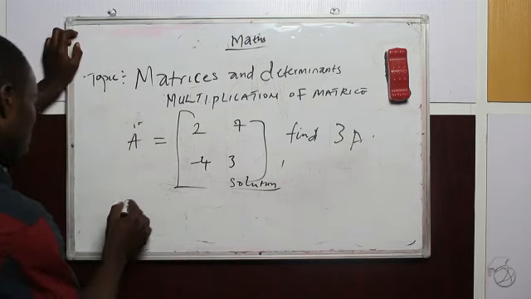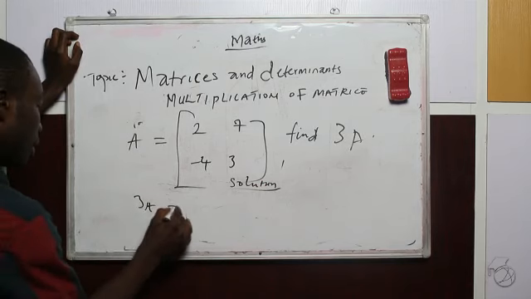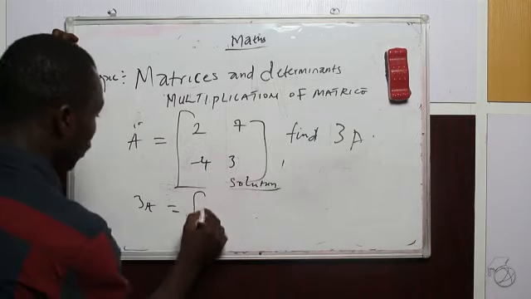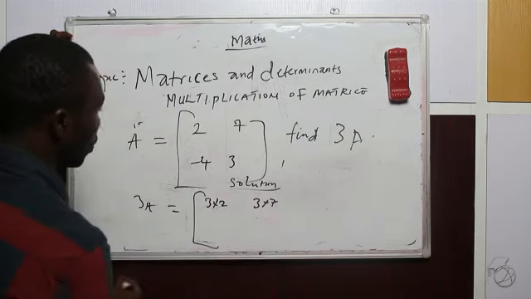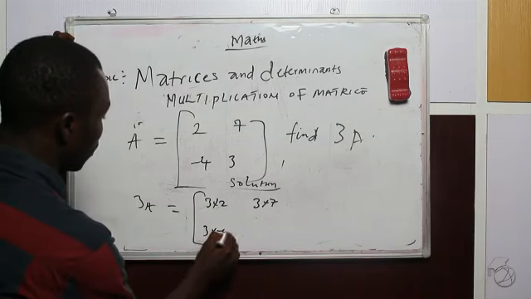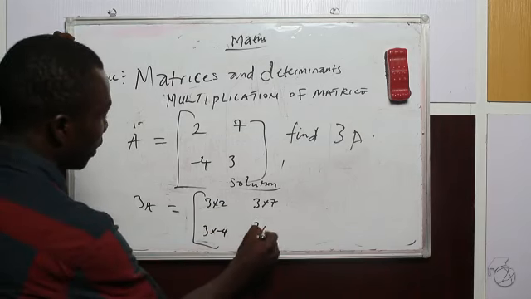The solution, that is 3A, is equal to 3 times 2, then 3 times 7, then 3 times minus 4, then 3 times 3.